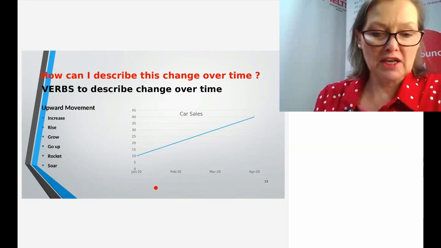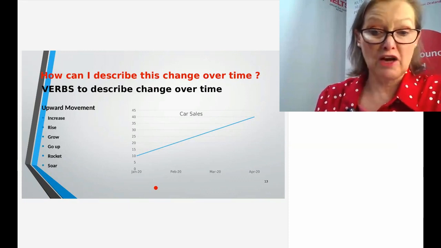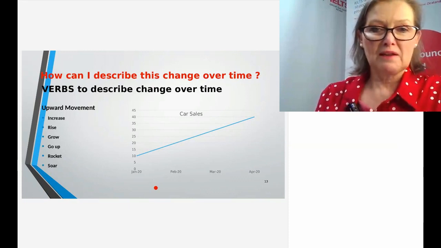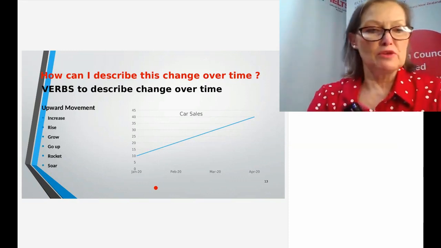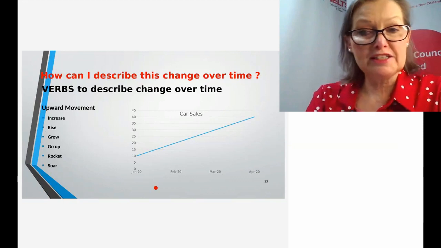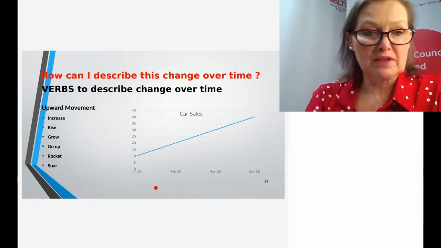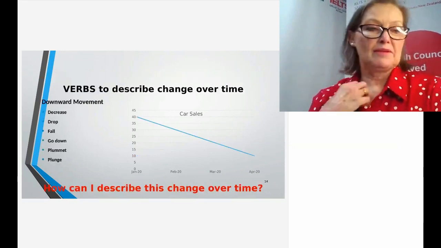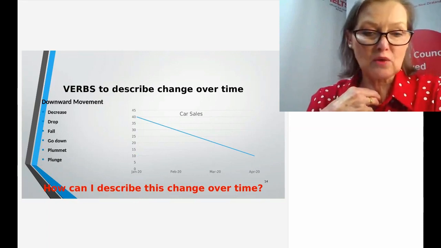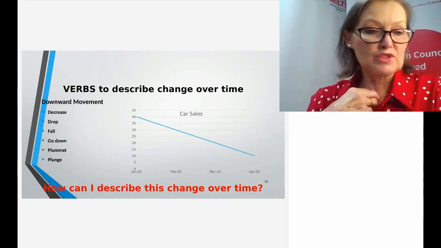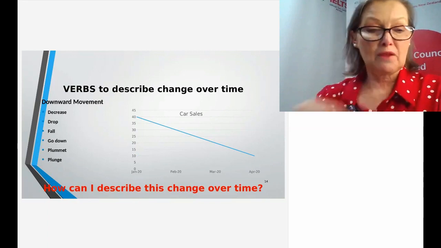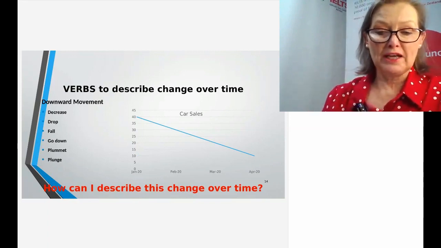Stick to this very, very tight collocation. You don't need to move out of it. But sometimes the movement is down, and so I need the opposite of these verbs. And there they are. Sales decrease or drop or fall, or sales go down or plummet or plunge.